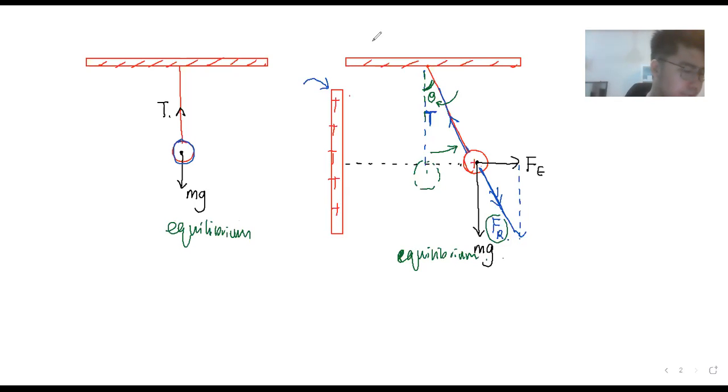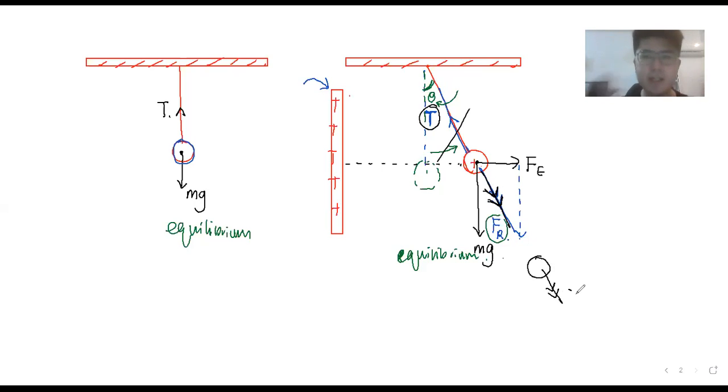Now, if the string snaps, what happens? If this string snaps, then you lose the tension. There is a resultant force acting in this direction, Fr, so the ball drops in this direction.